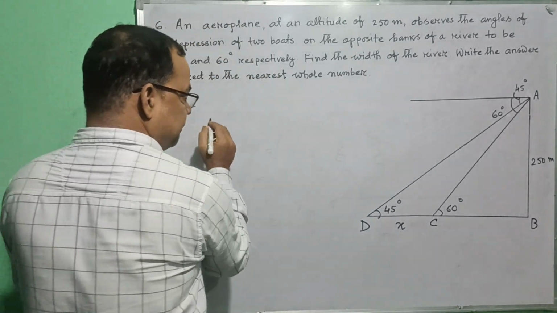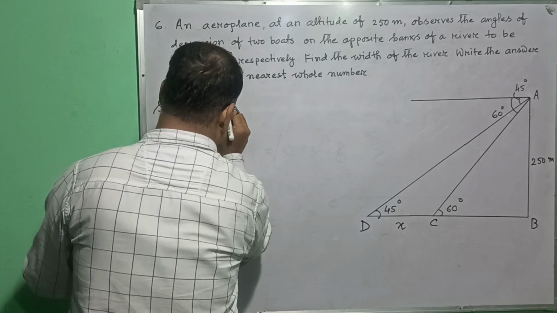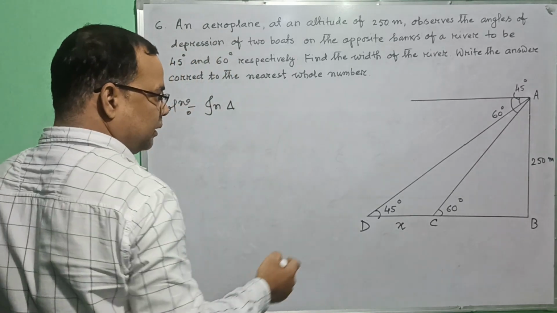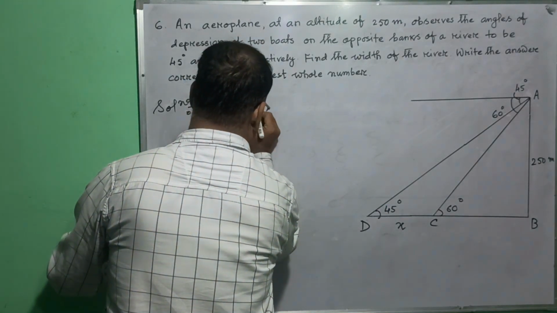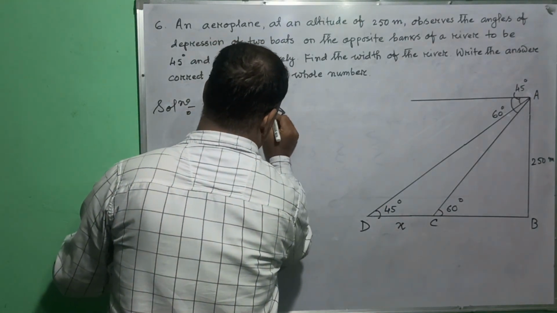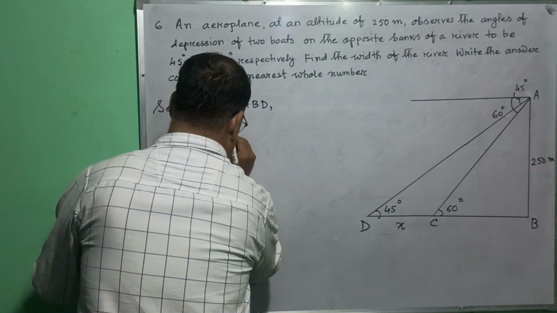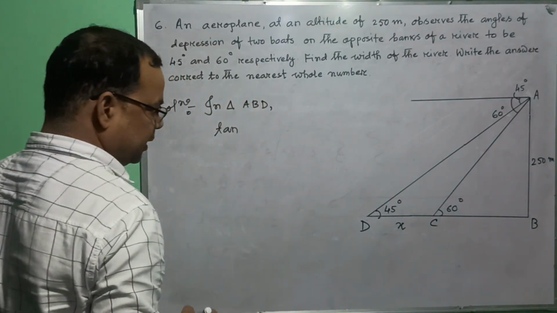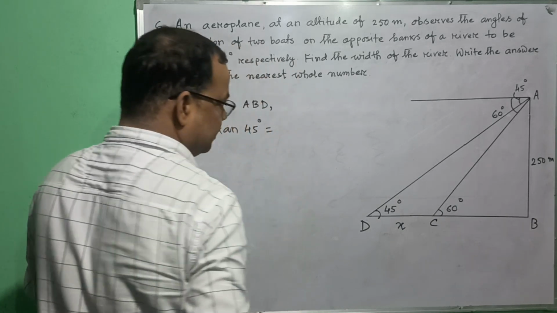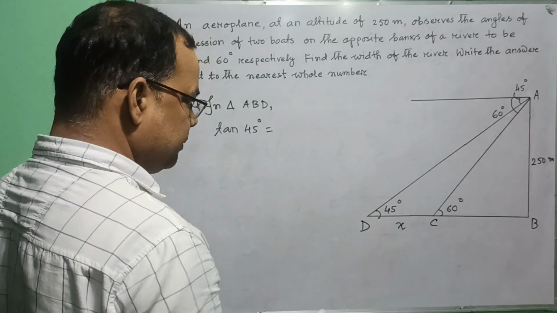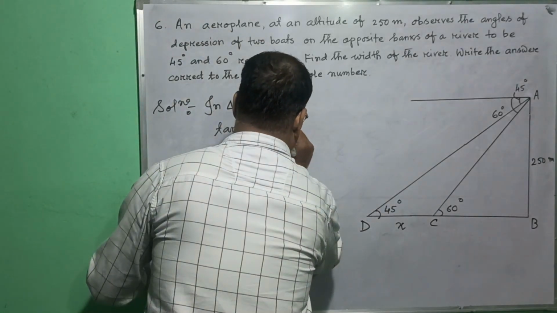So we can write, in the bigger triangle ABD, tan 45 degree equal to AB by BD.